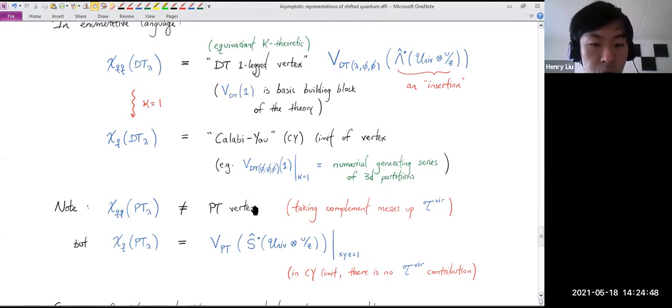And that object will not be equal to the QQ character of our PT module. And in short, what goes wrong is that this combinatorial trick of having to take the complement, like imagine you have a function which is linear in X.